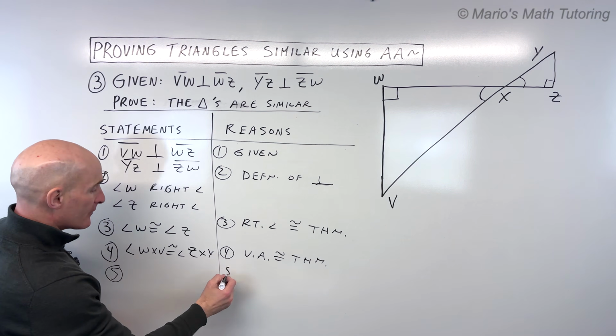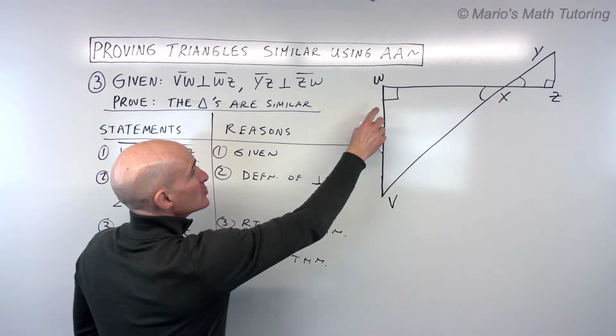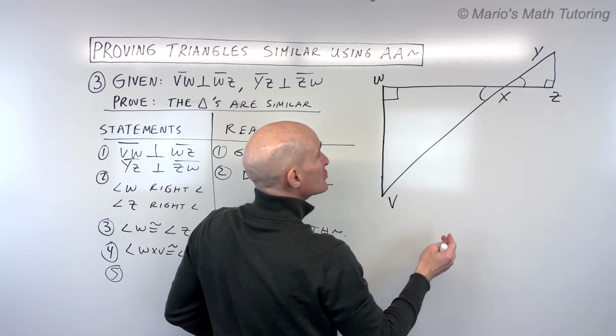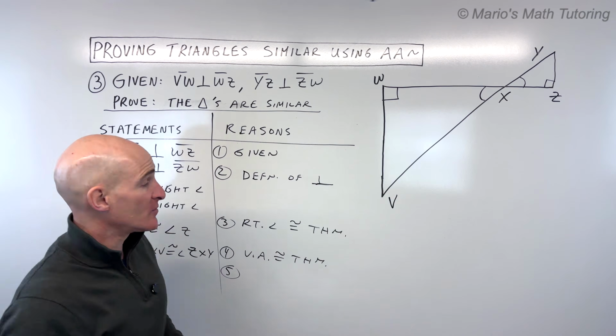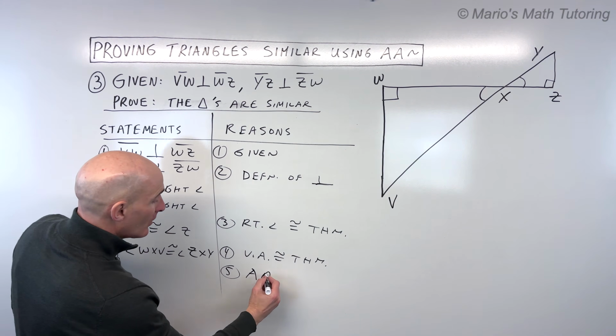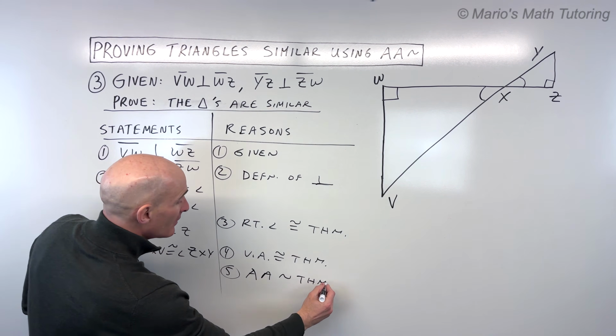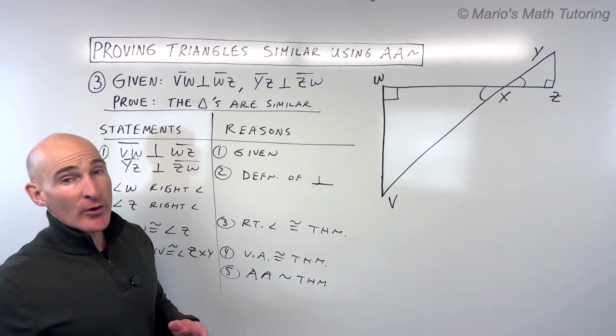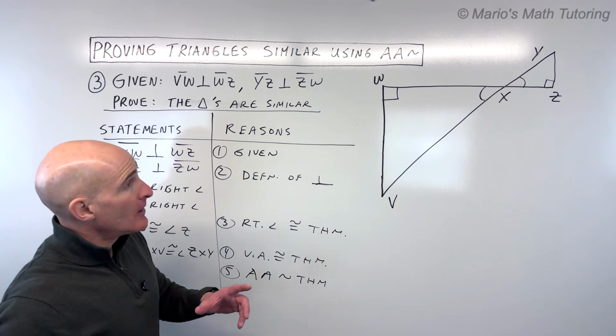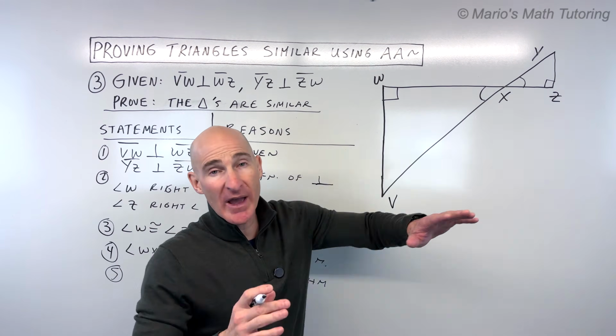And then for number 5, what do we have here? Well, we have 2 angles in one triangle congruent to 2 angles in another triangle. So these triangles are going to be similar by the angle-angle similarity theorem. But what you want to do is write your similarity statement showing how these triangles match up with one another.